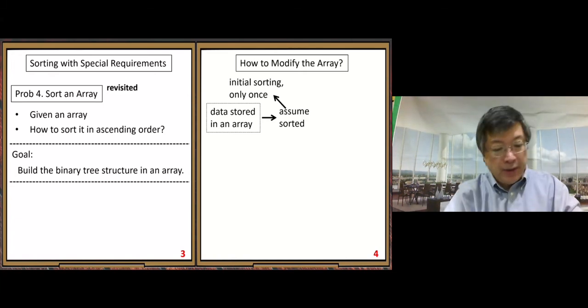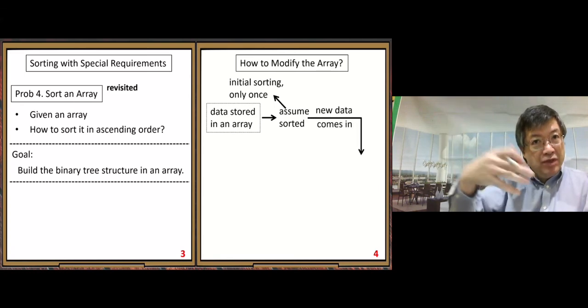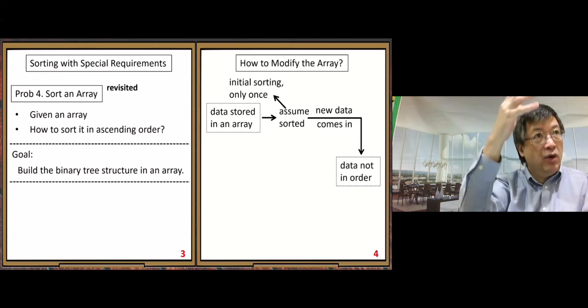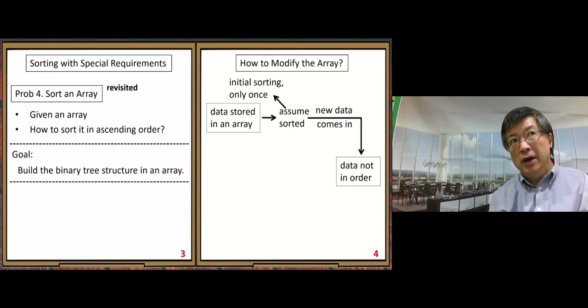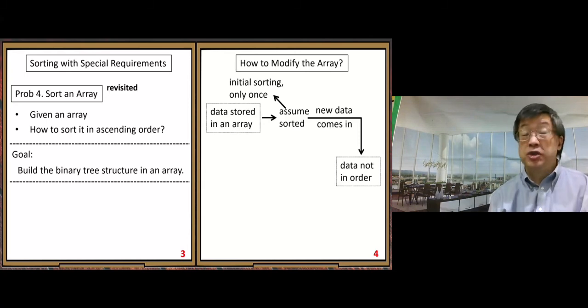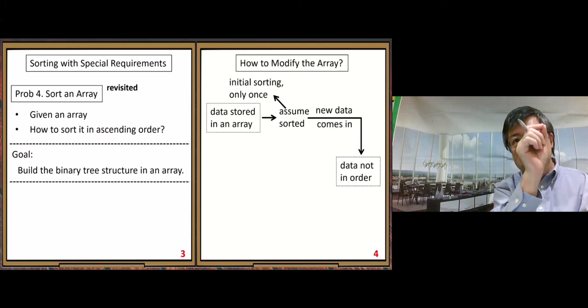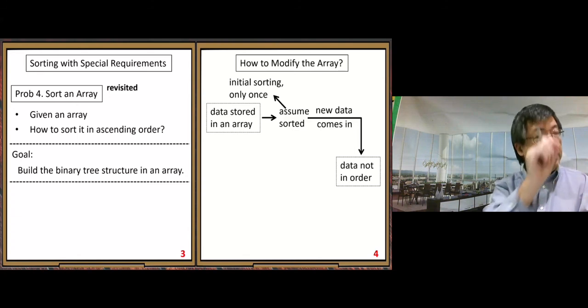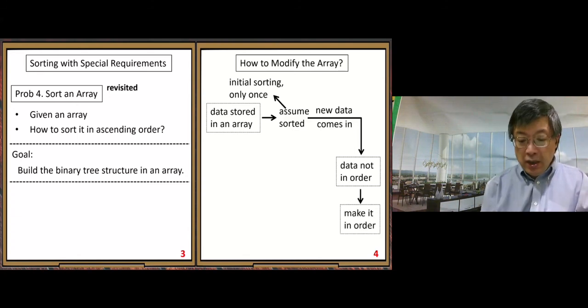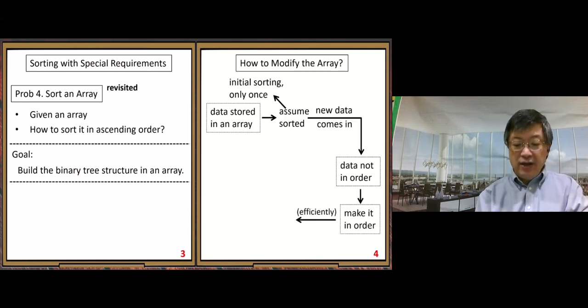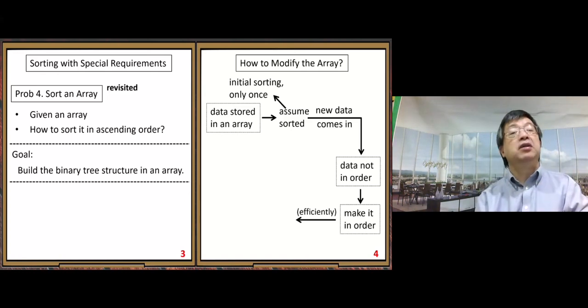When new data comes in, the data is not in order automatically, but we should not do a complete sorting. It's too expensive. We only want to find the right location for that new element and fix it, and especially we want to do it efficiently.